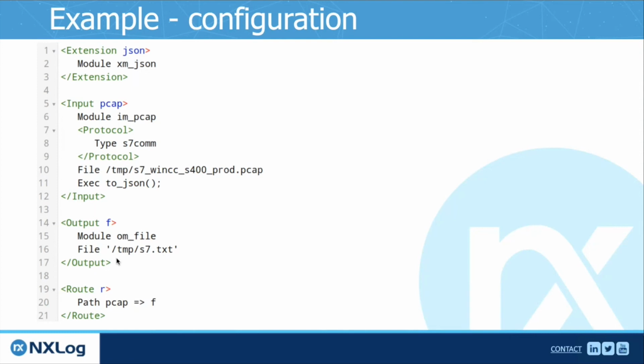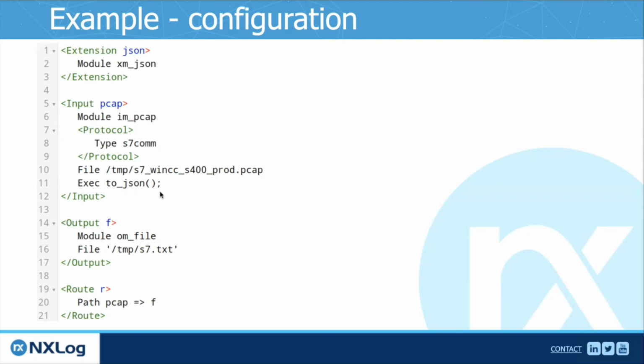Next we have the output declaration, which is yet simpler. We just say that we want to use a file, we point to this file, and we connect input and output through something that in NXLog configuration we call routes. And we simply describe here that we want to take data from input and push it to the output.